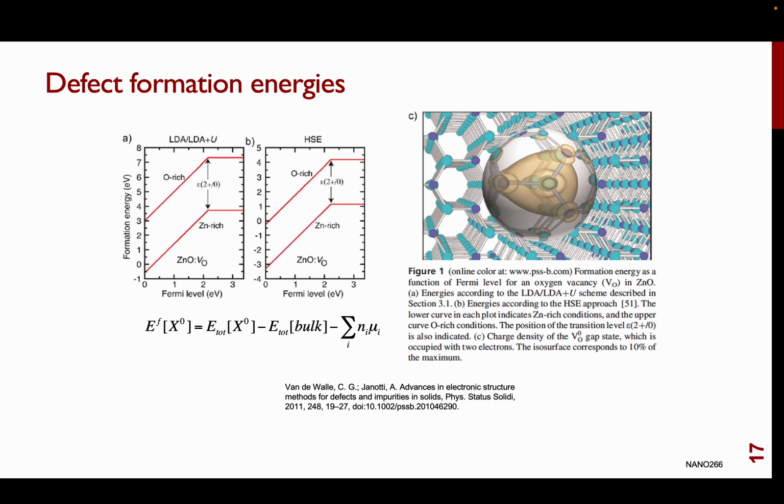When you study defects, you will also commonly see these kinds of plots in the literature. This is a plot of the defect formation energies of different types of defects.